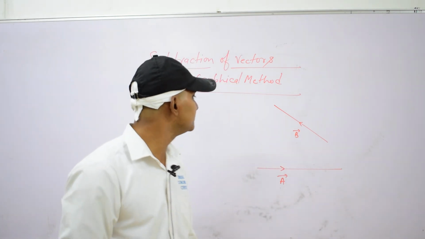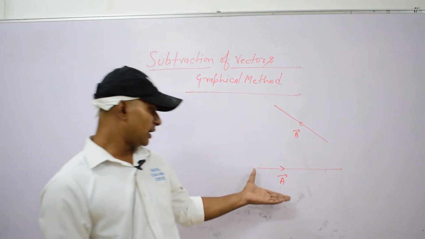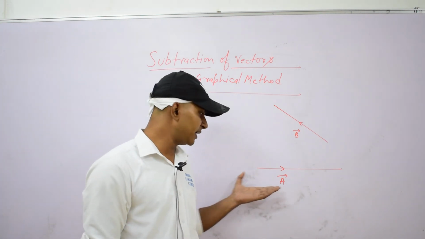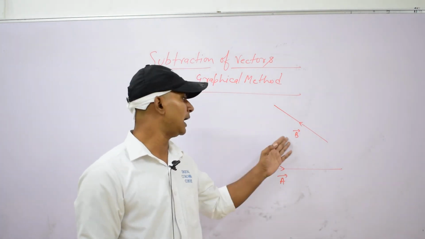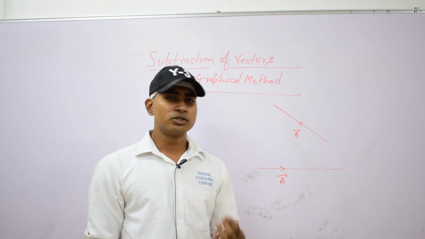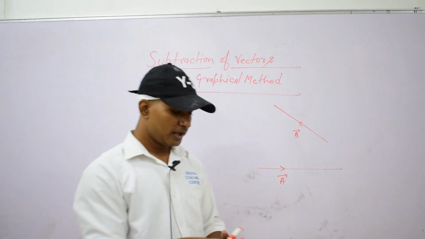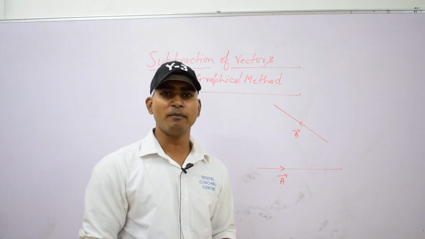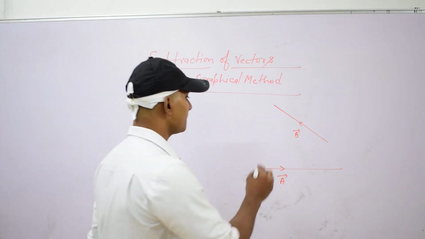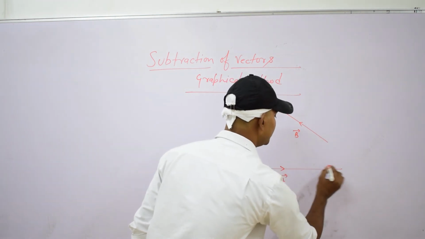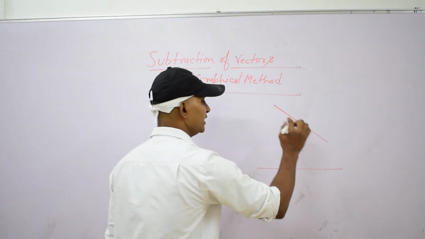So just see here. Let's suppose our vector A is representing in this particular direction and this is our vector B. For adding two vectors, we know that at the point where the two vectors meet, there should be head to tail addition. So let's suppose I am joining these two vectors.